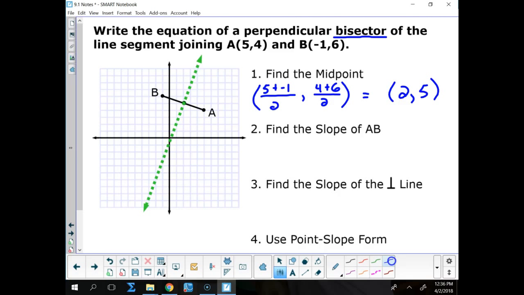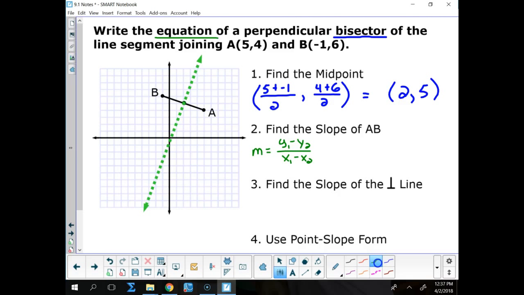Next, because it's asking me for an equation, I need to find the slope of line segment AB. Remember that the slope is the y's over the x's. Subtract the y's over subtract the x's. We talked about that one earlier.